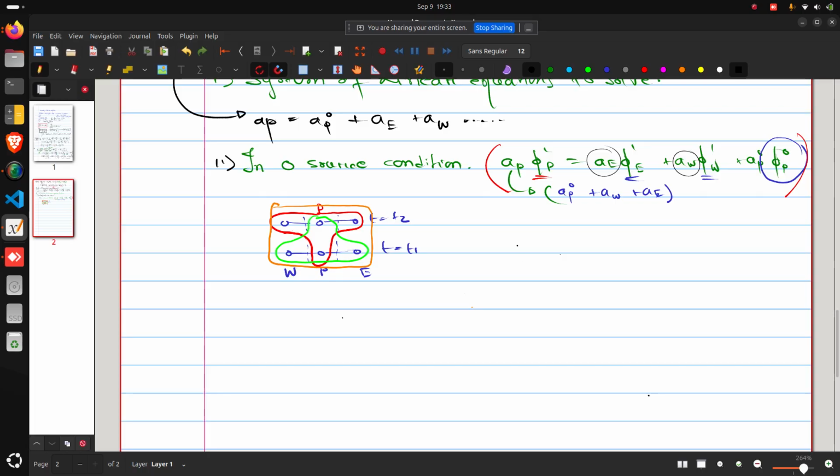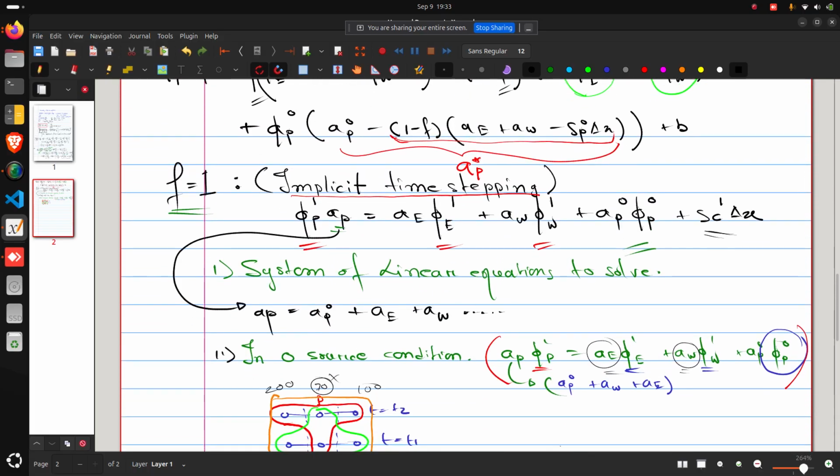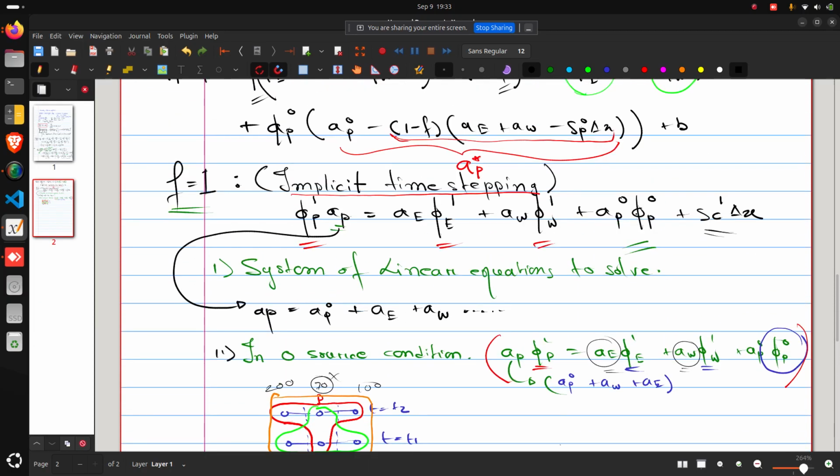We will have a linear combination, but since it is negative, we can expect unbounded values. That means if we have some value here 100, some value here 200, we can expect something like 70 here, which is not the case if we have a negative coefficient. I think sir has already touched upon the problem that we have with negative coefficients.